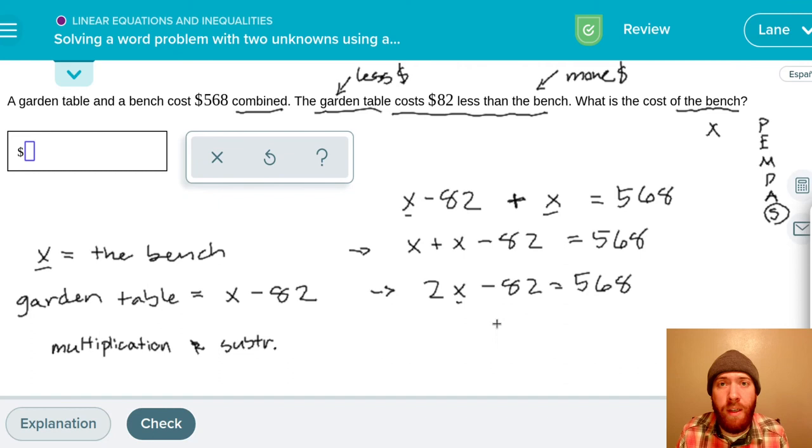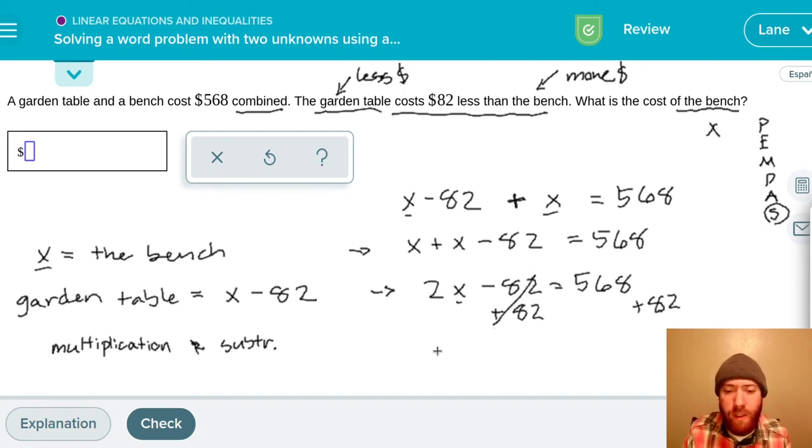To get rid of the 82, we're going to use the opposite operation of subtraction. The opposite of subtraction is addition. So if we add 82 to both sides, then we will end up getting rid of this 82 right here, right? Minus 82 and plus 82 cancel out.